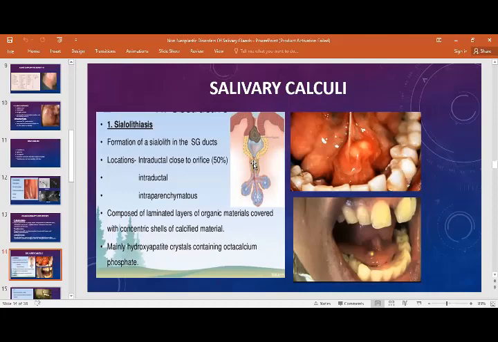As you can see in this picture, the presentation of the patient would be difficulty in swallowing, as well as irritation with the presence of a hard swelling, most of the time in the floor of the mouth, and the patient can easily palpate this. But in some cases, it is translucent and we can't see it.